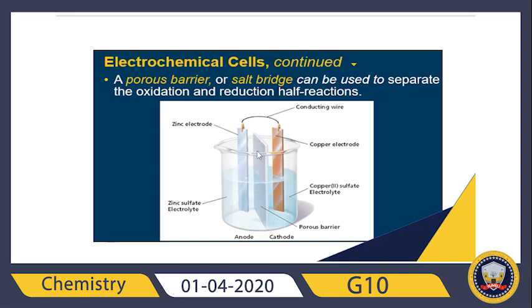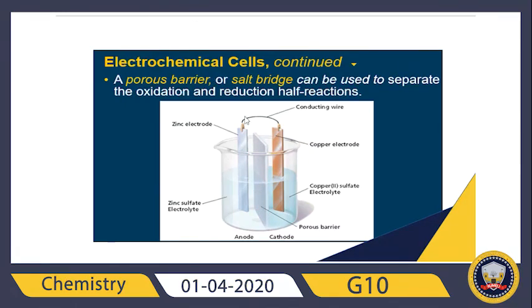So as we said, in an electrochemical cell, the substance that is oxidized and the substance that is reduced should be separated by a barrier, and this barrier is called a porous barrier or salt bridge.